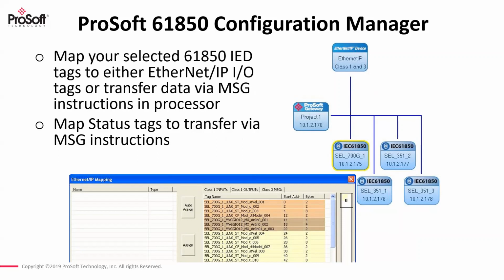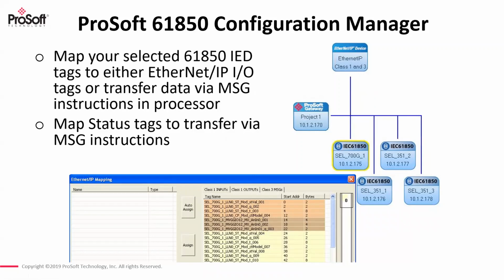So if you are using software to look at data from a protective relay from Siemens or ABB or Schweitzer or GE, and you're looking at a tag name such as LLN0.Mod.stVal, that tag name is going to be the same all the way through. That same tag name that you see in the configuration software for the relay is also going to be the same tag name that's used on the application side.